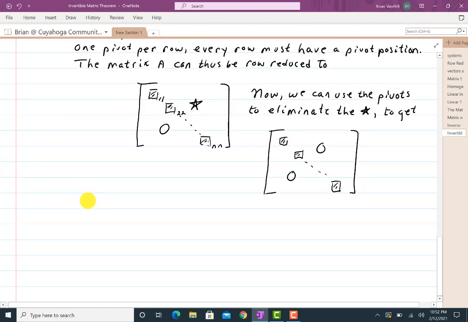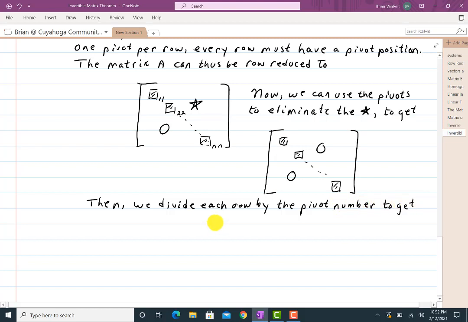Well, then we divide each row by the pivot number, whatever that number is. I should say pivot number. To get ones on the diagonal and zeros above and below.